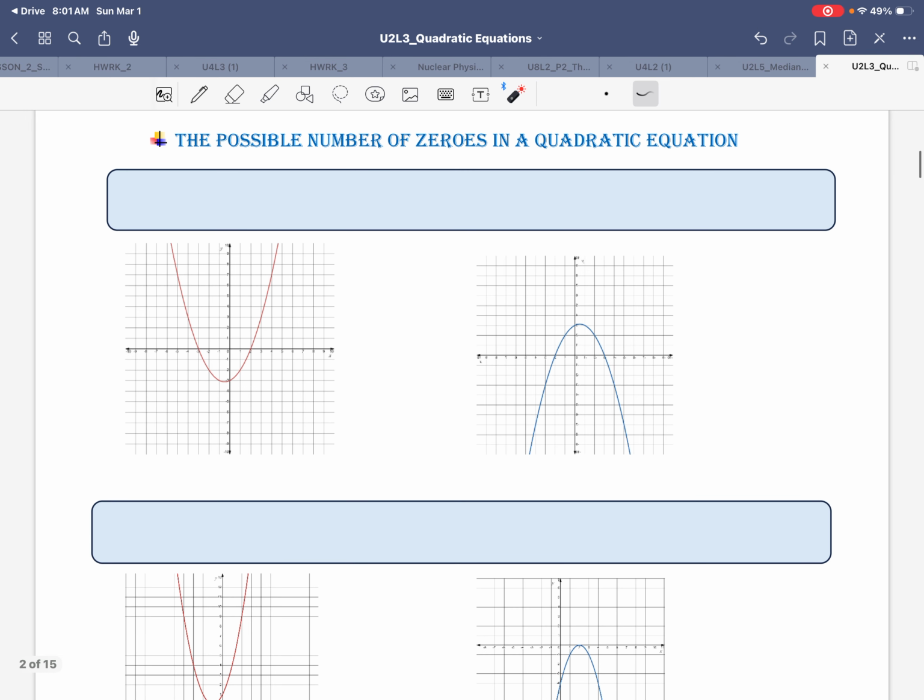Now, if you look at these two graphs, you see that this parabola opens up, this parabola opens down, which means here a is positive and here a is negative. We're not going to look into what exactly the value of a is or what exactly the coefficients are, like the equation is, but we're going to focus on the number of zeros.